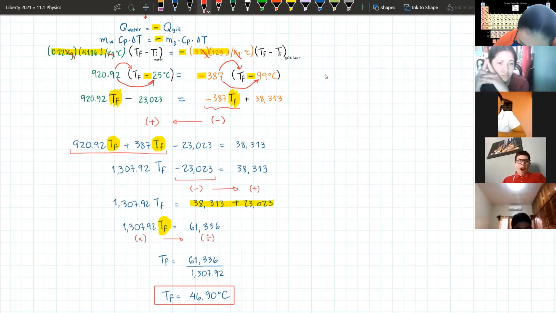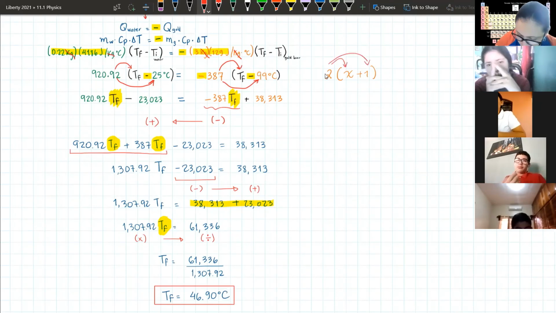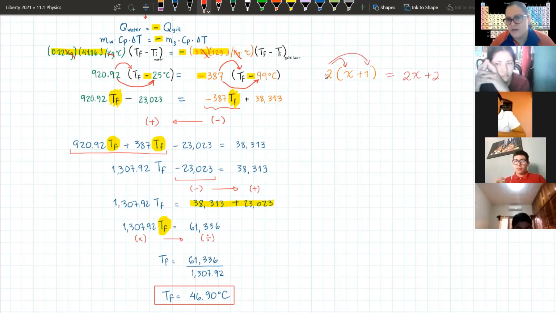If I have 2 multiplying x plus 1, apply the distributive property, you will have 2x plus 2. You're doing the same procedure here, but instead of using x and 1 and 2, you're using different numbers and different variables. Instead of x, you have a Tf.